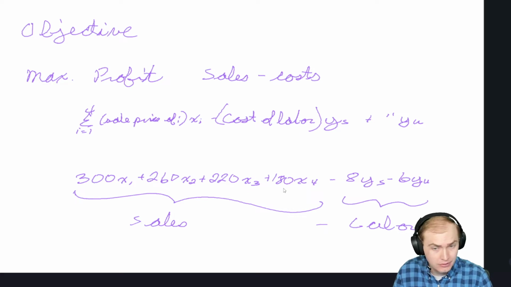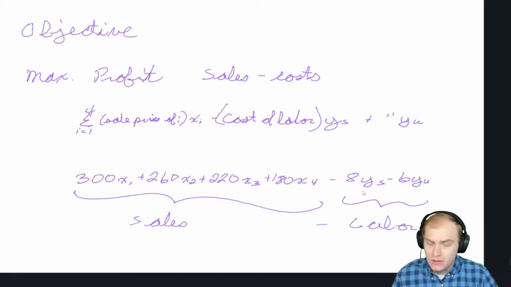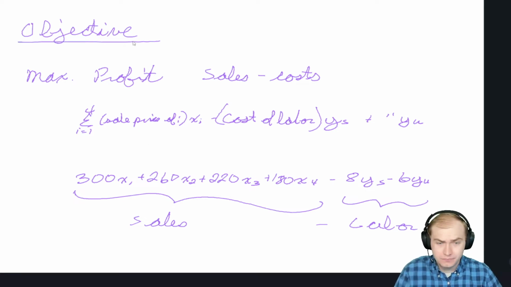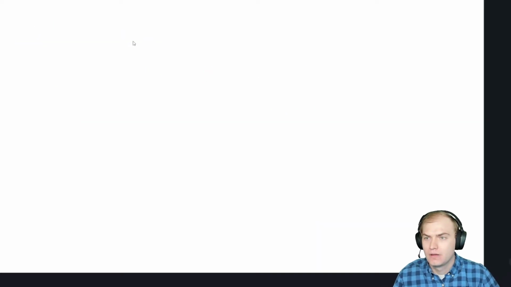For every product 4, they make $180. For every hour of skilled labor, they have to pay $8. So that's our objective for this problem. Yeah, okay. There's one more thing we need, and that's the constraints.